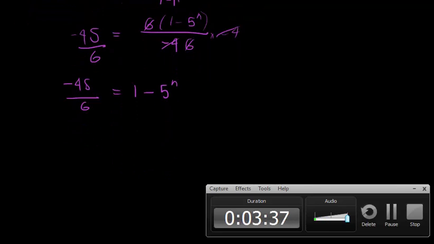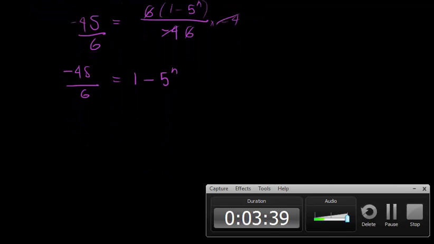So what next? What is the aim? We're trying to solve for n. When I'm trying to solve an exponential, an unknown in the exponent, what is my first process? We want base exponent equal to answer.